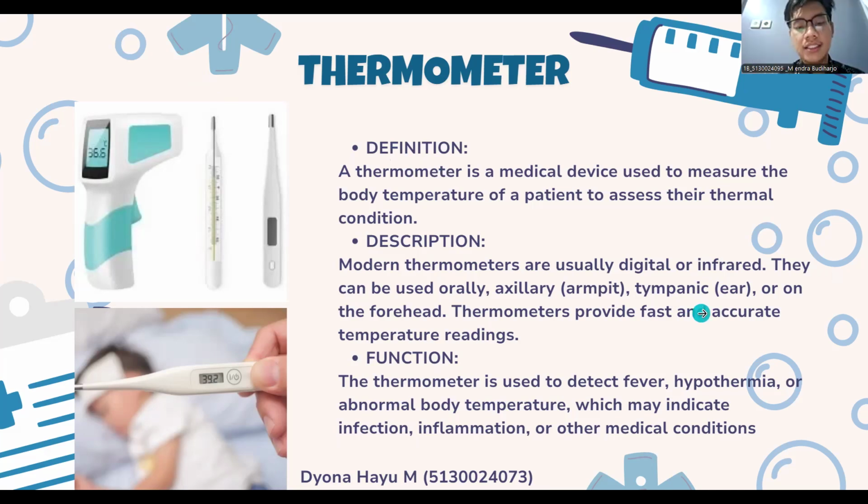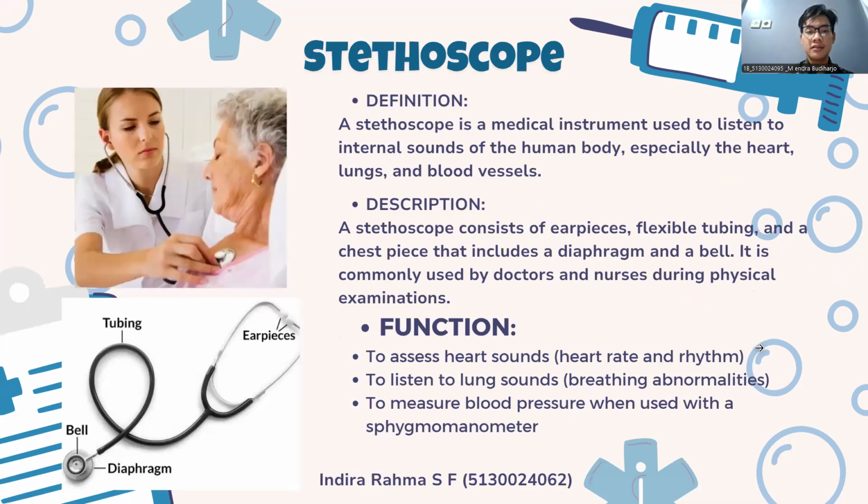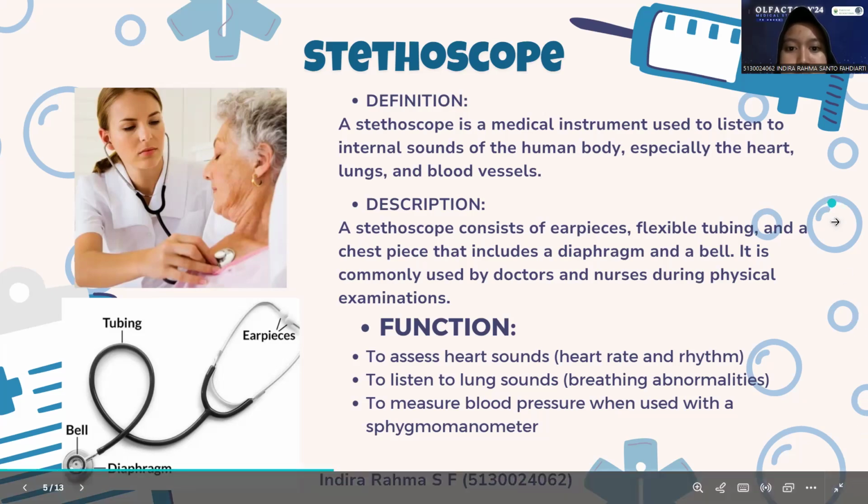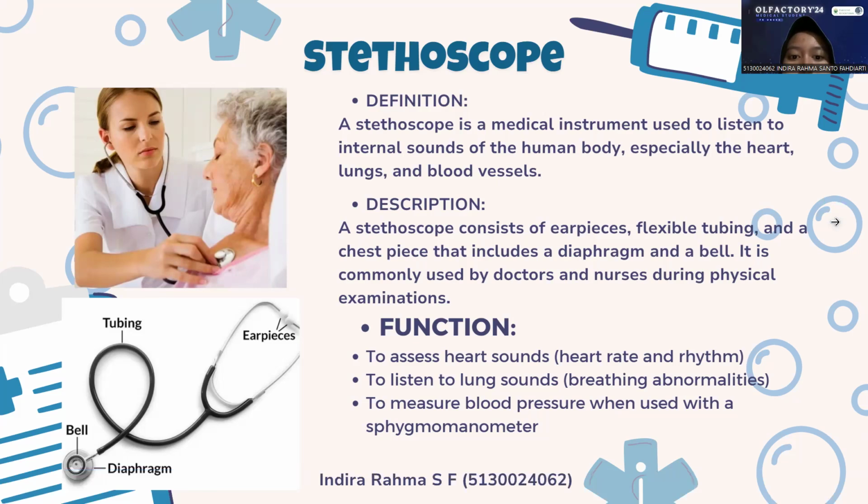All right, next is Indira. Next, stethoscope. Definition: a stethoscope is a medical instrument used to listen to internal sounds of the human body, especially the heart, lungs, and blood vessels. Description: a stethoscope consists of ear pieces, flexible tubing, and a chest piece that includes a diaphragm and a bell.